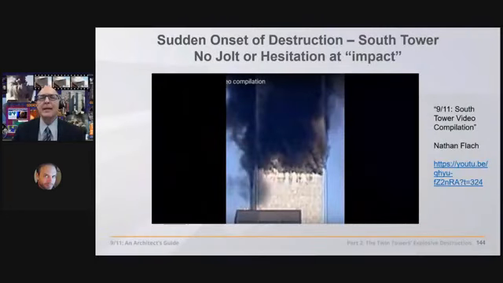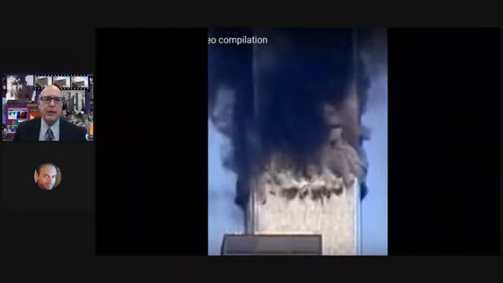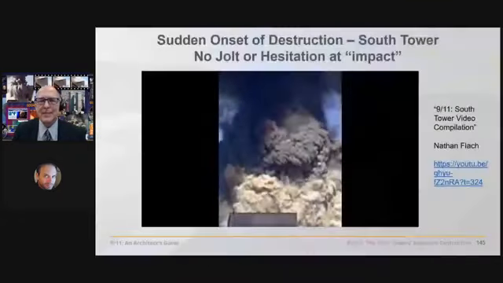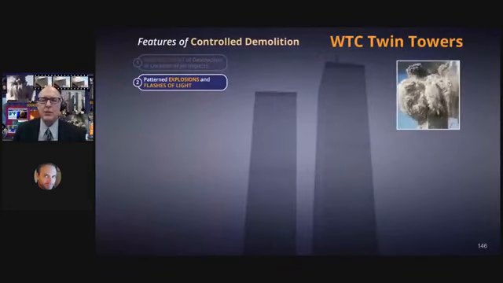This is indicating that the columns, all of them at once, have given away their support. Let's go to the South Tower. Standing still, and all of a sudden, the building coming smoothly, suddenly down. No impact, no jolt, no hesitation, as columns would be expected to provide. That's a good point.